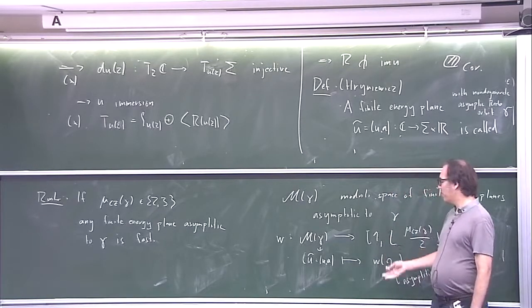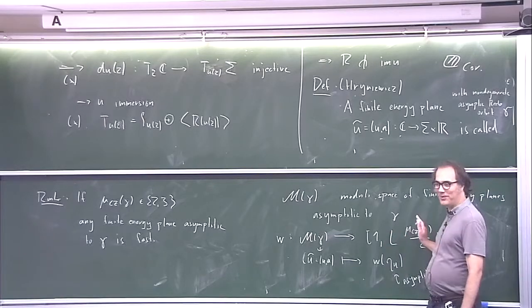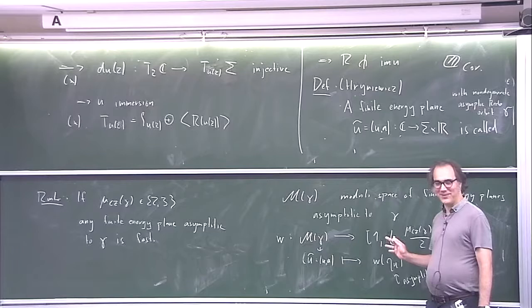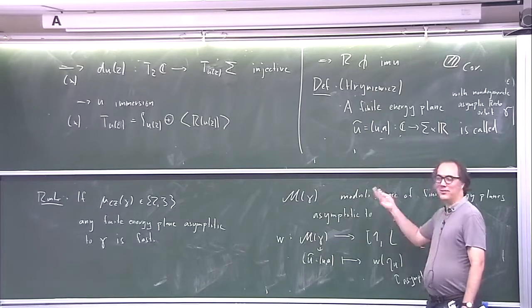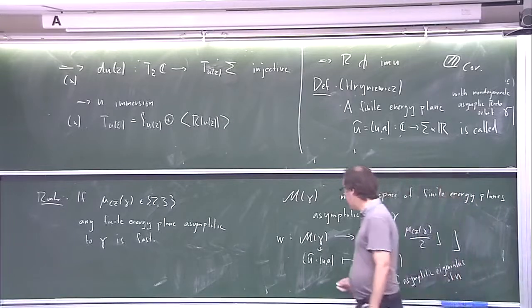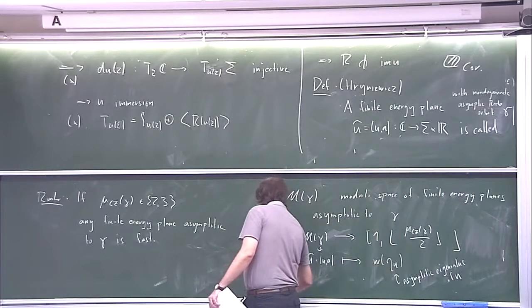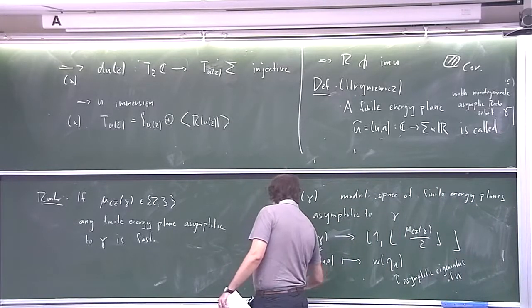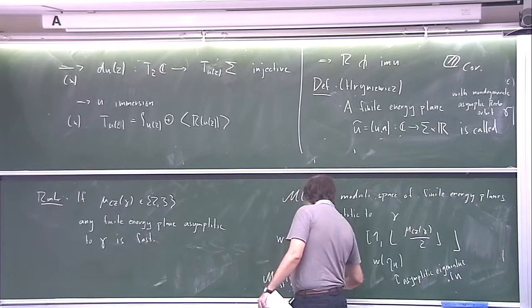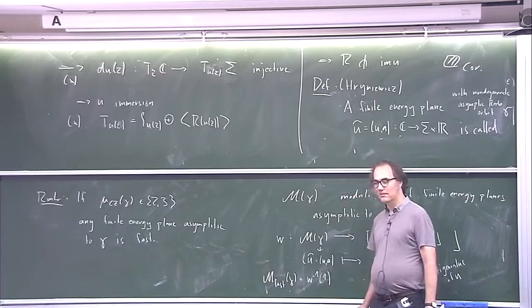So for my purpose, I would ignore the other part. I just consider the fast part. But if you want to do other things, yeah, maybe. So we have now M fast of gamma.